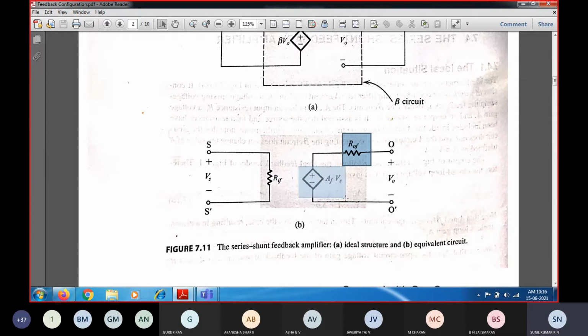This is nothing but the feedback gain. So AF corresponds to the feedback gain, which is a factor of the input voltage you apply.